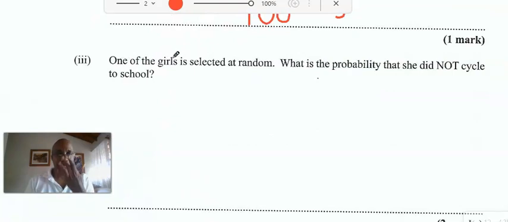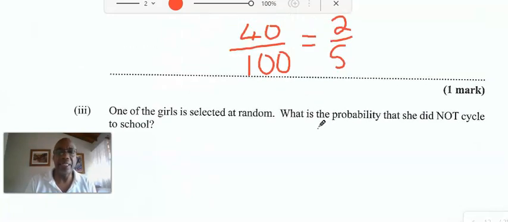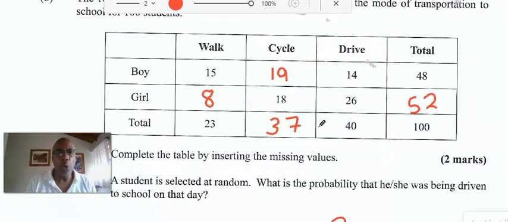One of the girls is selected at random. So this question only looks at the girls. What is the probability that she did not cycle to school? So we go to the girls. We know that the total number of girls is 52.